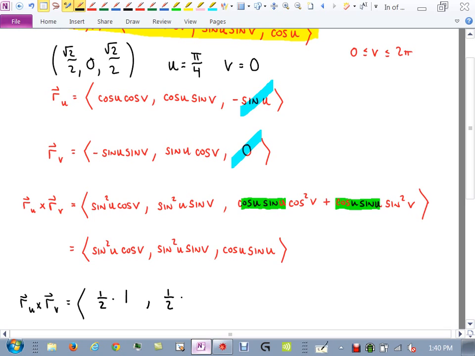What's sine of v? 0. Next. Cosine of pi over 4, root 2 over 2, times sine of pi over 4, root 2 over 2. Root 2 over 2 times root 2 over 2 is 1/2 again. So the cross product is 1/2, 0, 1/2.